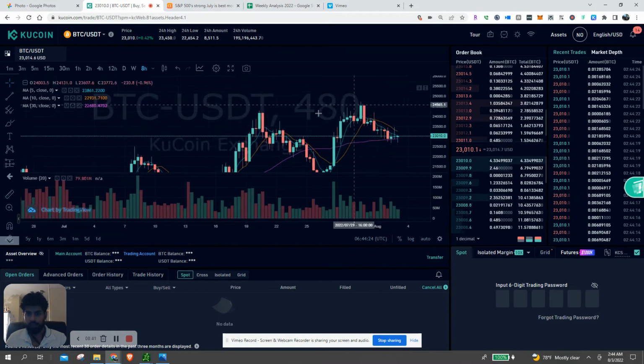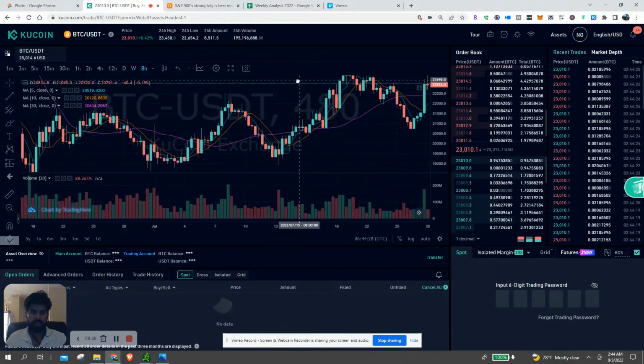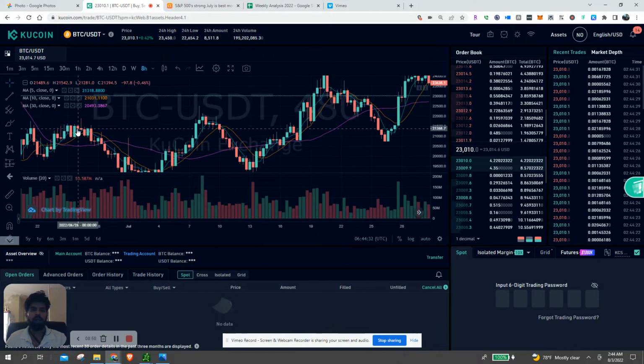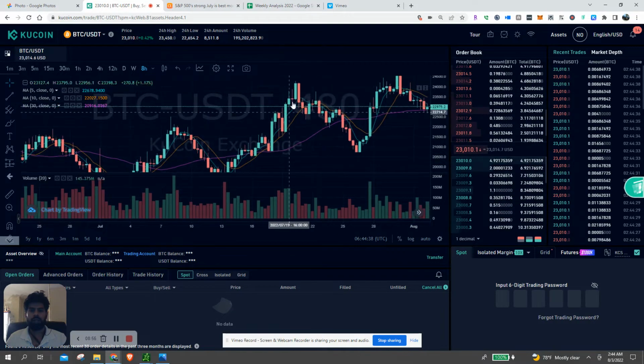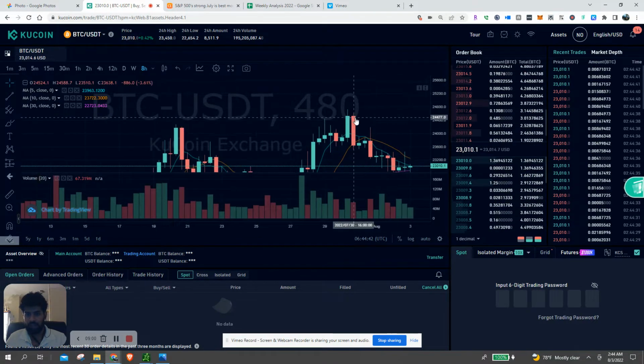Similar to the NASDAQ, TQQQ, SOXL, and all other indices, we had a chop with higher lows and higher highs. As of now, we've gotten to approximately 24,500, which is pretty close in my opinion.